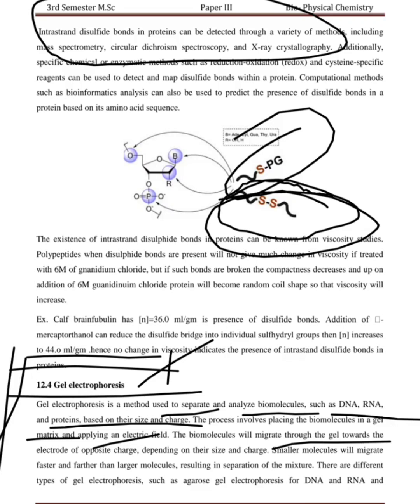Small molecules will migrate faster and farther than larger molecules, so they get separated.